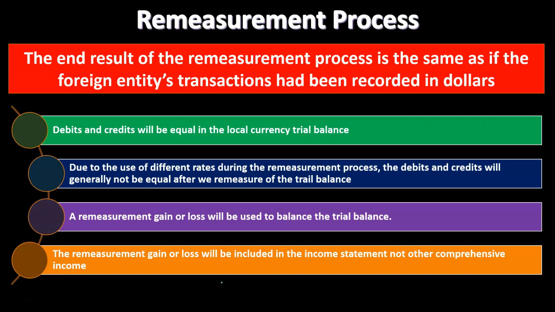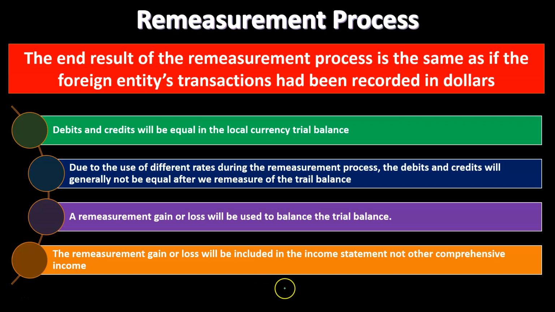And the thought process there is that if the transactions were actually translated into dollars as the transactions happened, then we would have these gains and losses as a result of those transactions, because we would be recording the books in dollars, which would be the thought process of what we're trying to represent here, considering the fact that the functional currency is actually dollars.